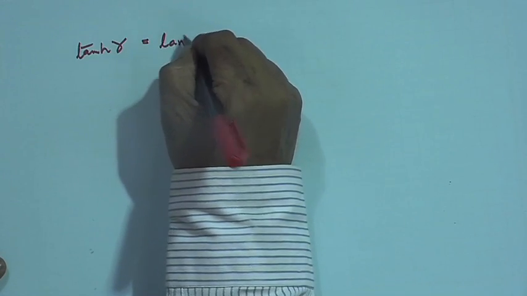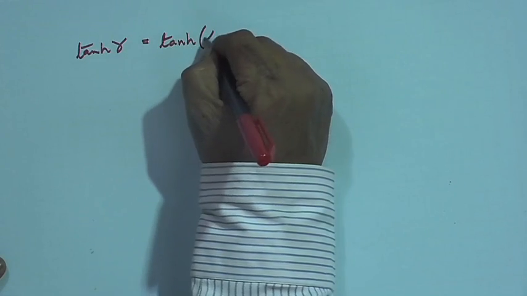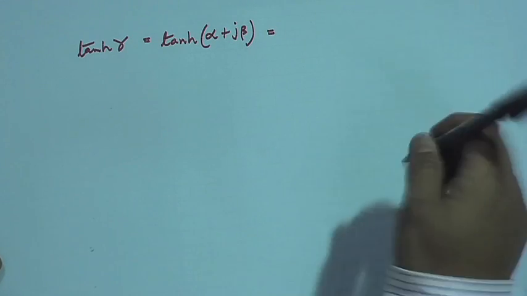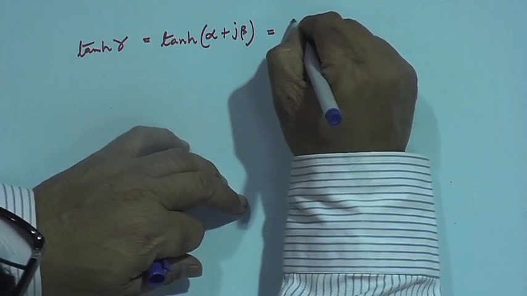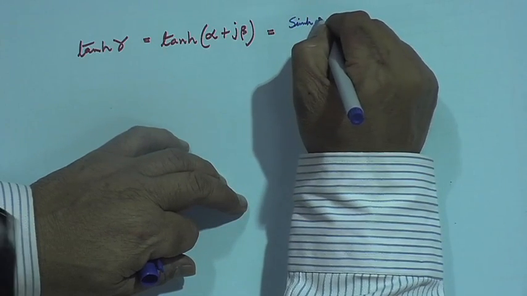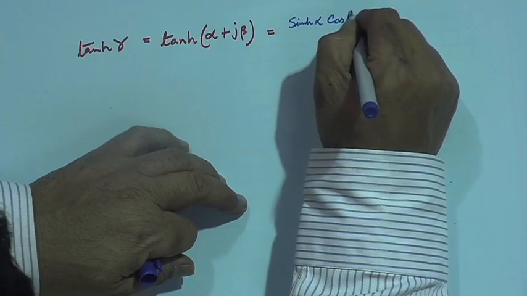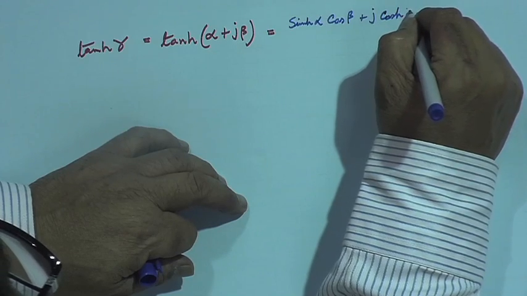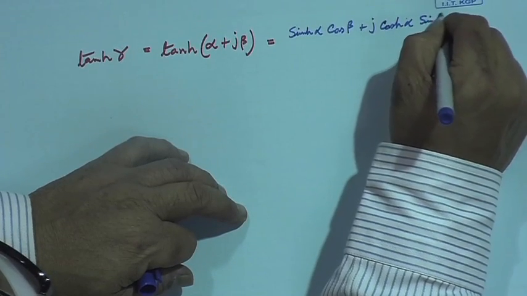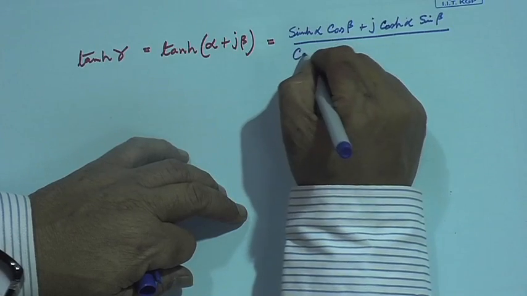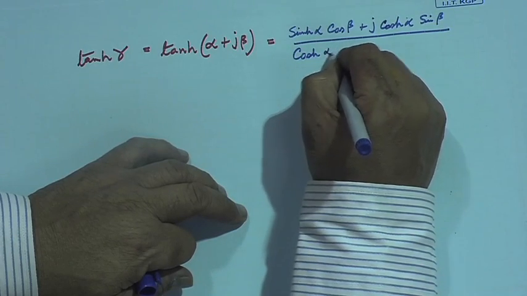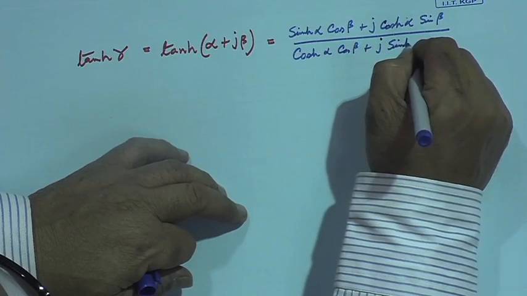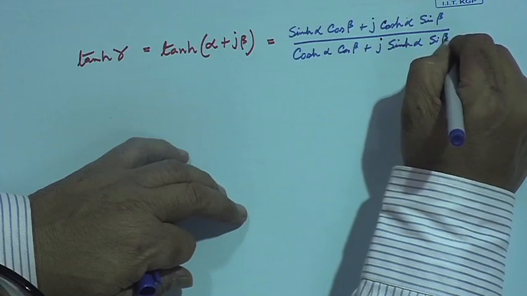Tan hyperbolic gamma is nothing but tan hyperbolic of alpha plus j beta, and that is equal to sin hyperbolic alpha cos beta plus j cos hyperbolic alpha sin beta, by cos hyperbolic alpha cos beta plus j sin hyperbolic alpha sin beta.